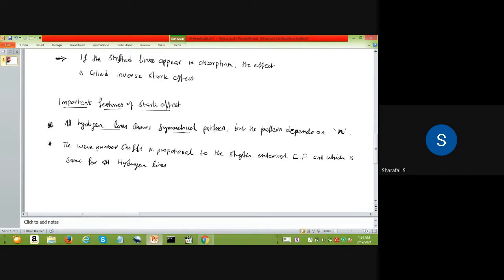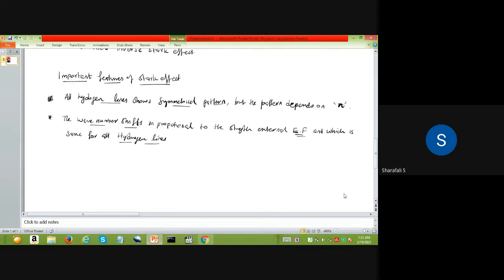If you consider the wave number shift from the fundamental line, it will be proportional to the external electric field which we apply. And for any of those hydrogen lines, this shift will be the same. We will discuss all these points individually later.